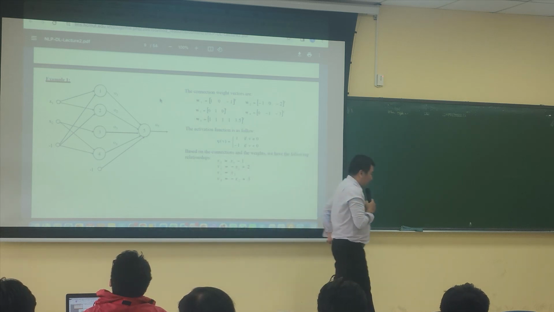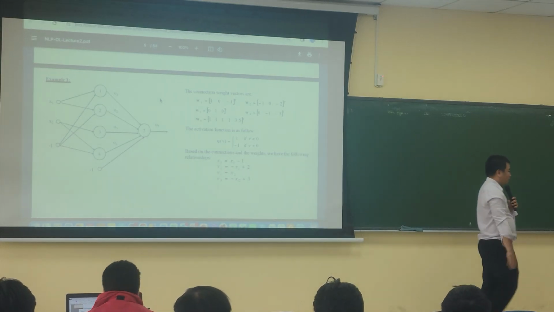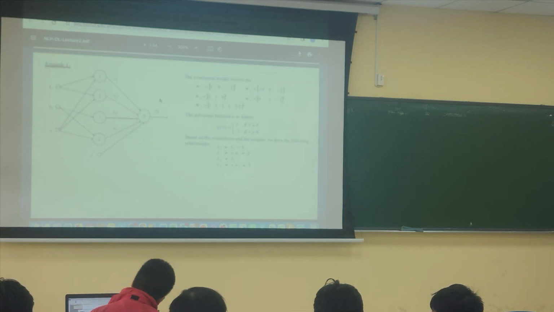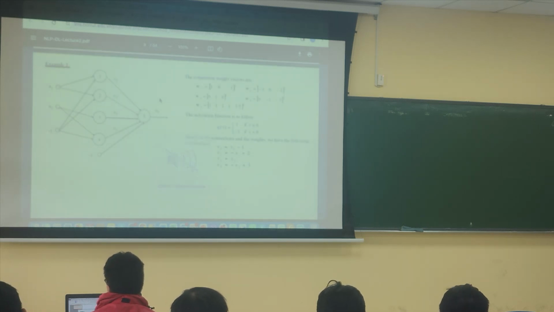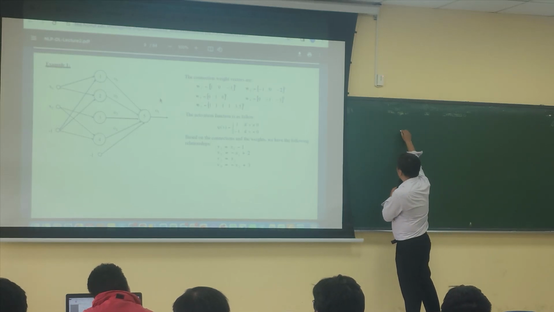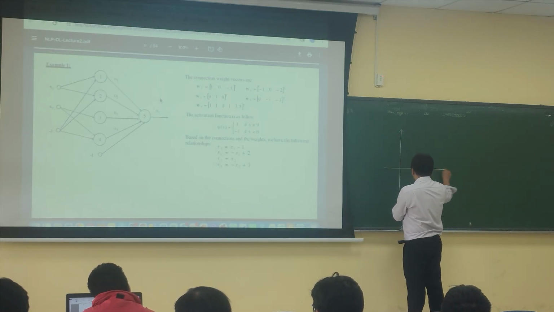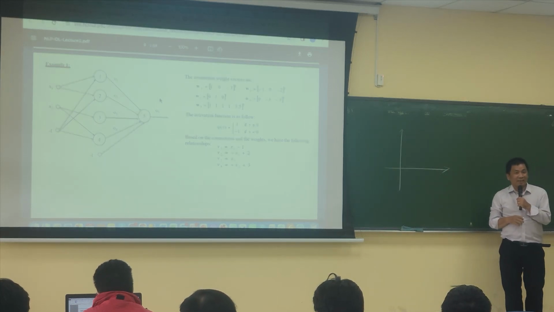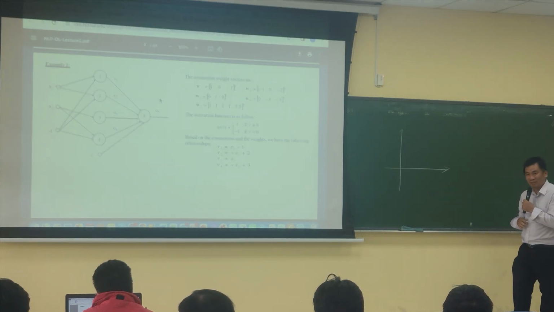And now the question is, the input is S1 and S2. You can consider this as a point in 2D coordinates, a 2D dimension.